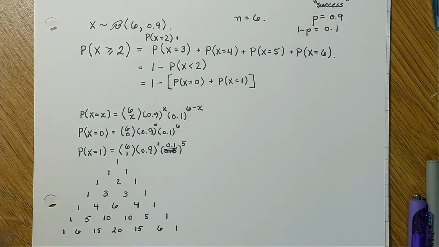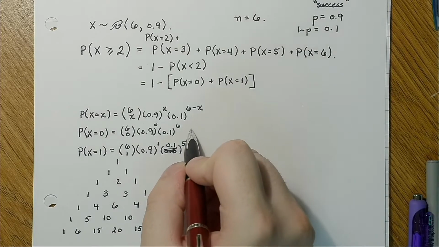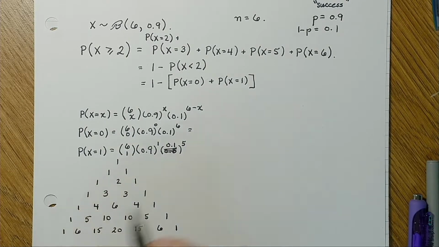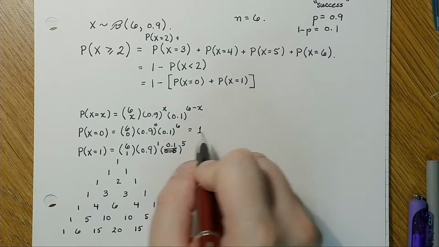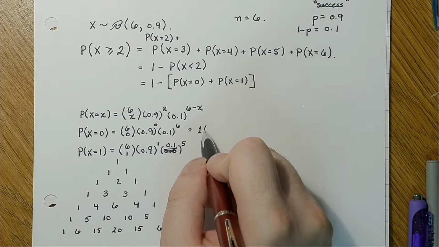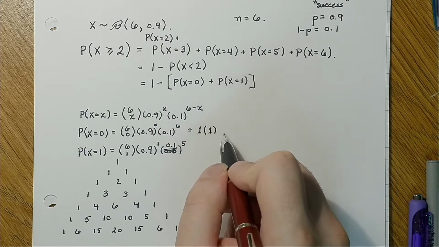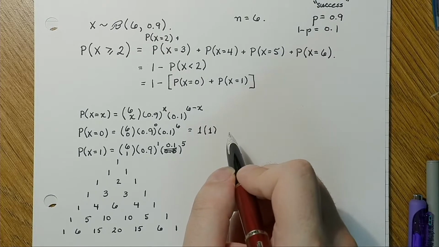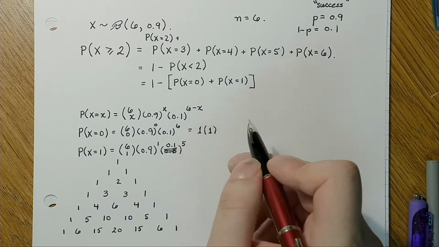Okay, so I have all those. So 6 choose 0 is just 1, 0.9 to the 0 is 1, and 0.1 to the 6 is a really small number.